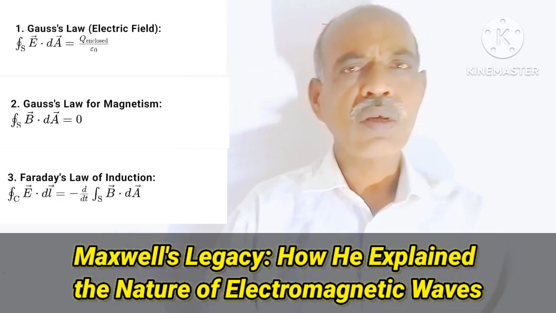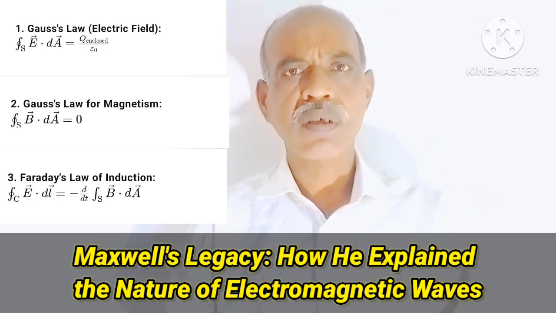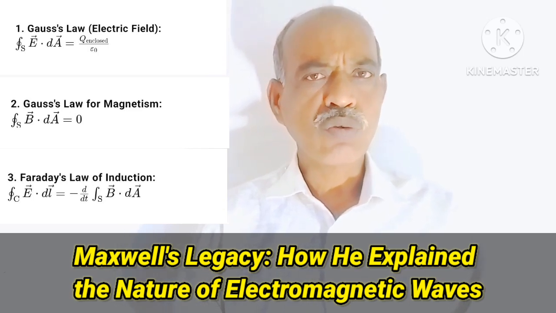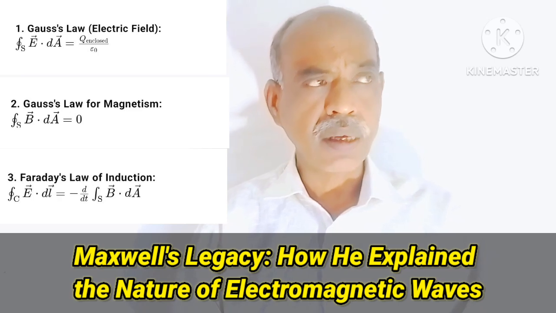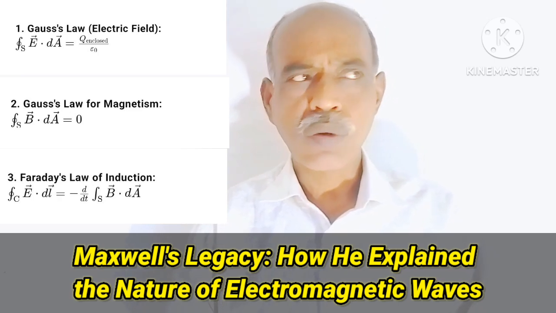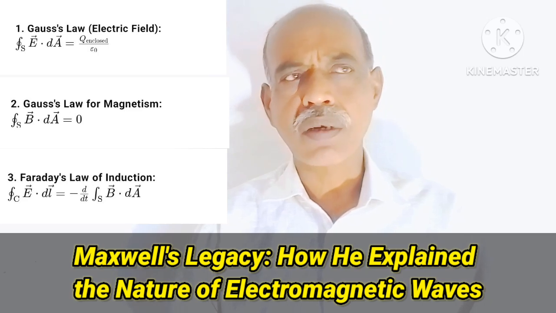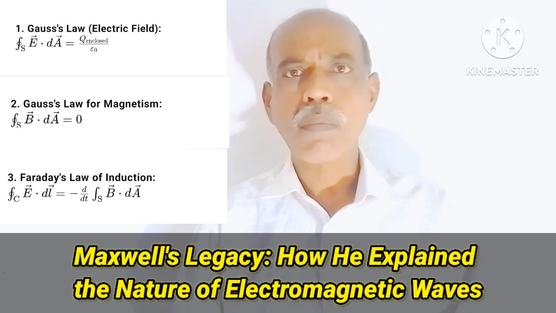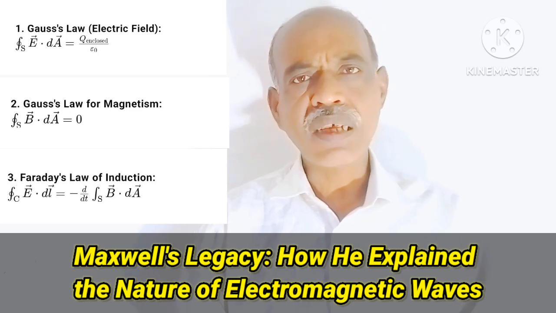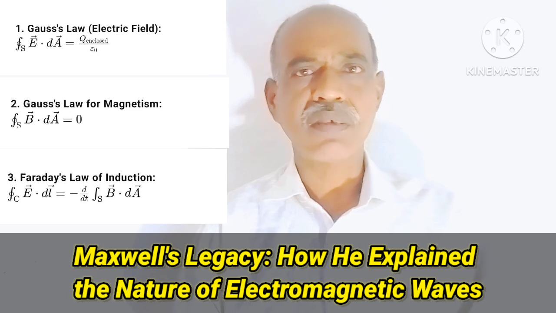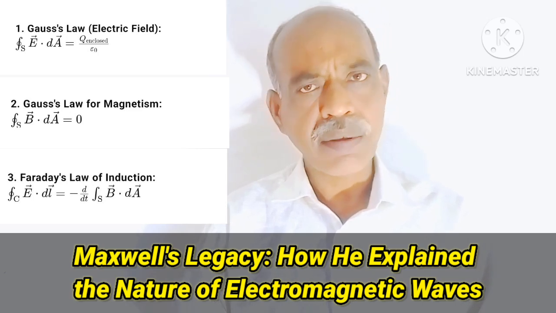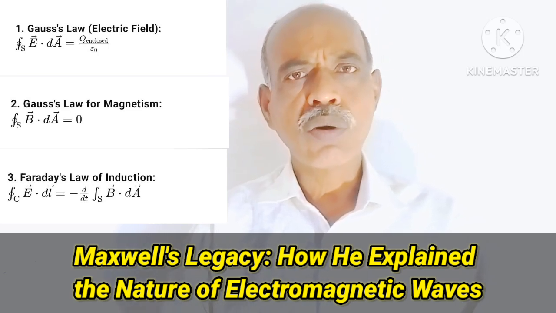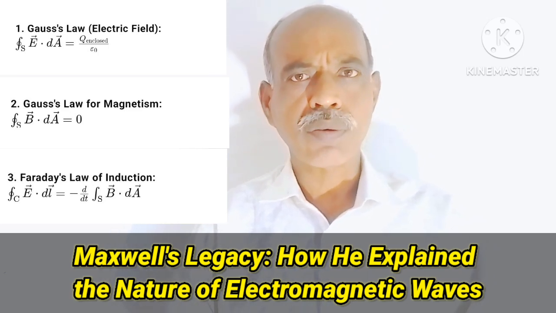There are so many scientists like Gauss, Faraday, Ampere, and Coulomb. But during the period of Maxwell, electricity and magnetism were separate subjects. Anyway, what did Maxwell actually do?